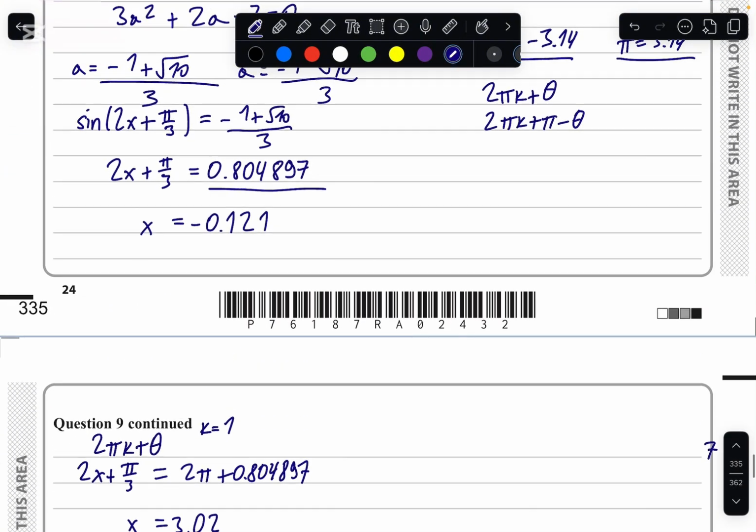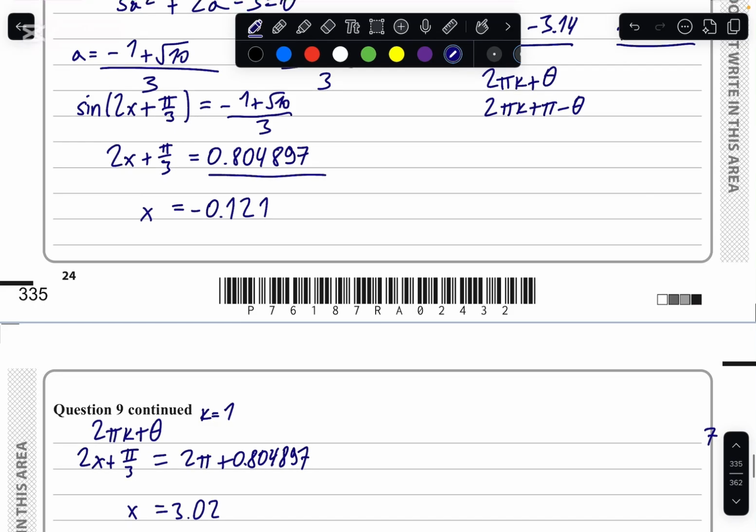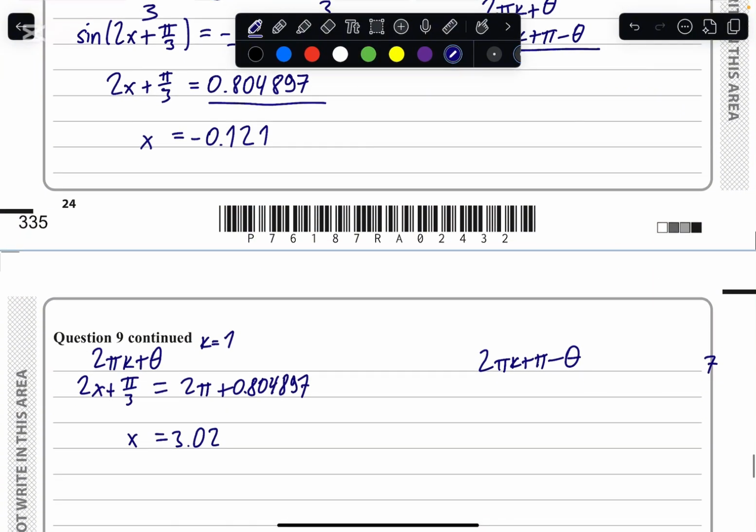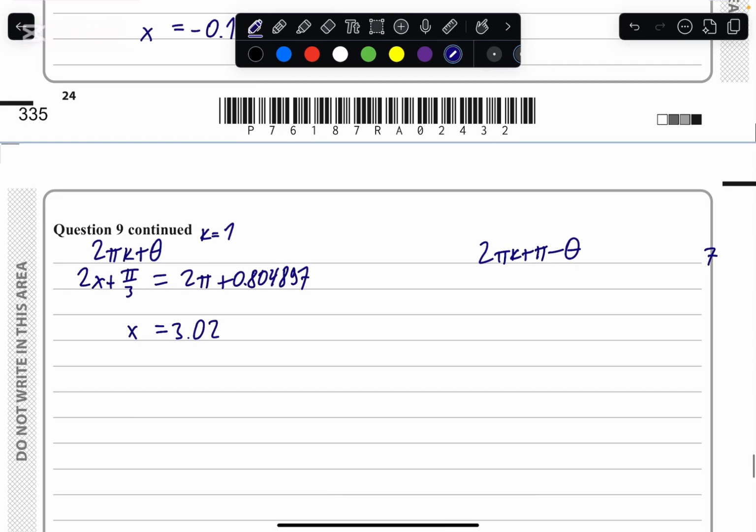Then we can go ahead and use the other identity, which is 2 pi k plus pi minus theta. Firstly, we can try when k is equal to 0 here, so we will be left with pi minus theta. So we can just do that quickly.